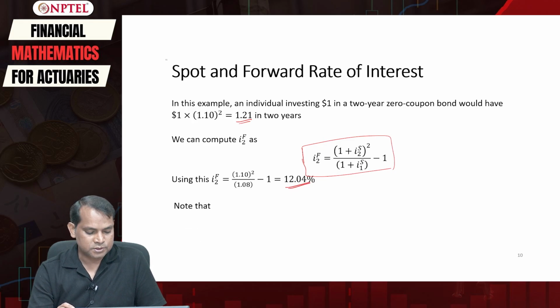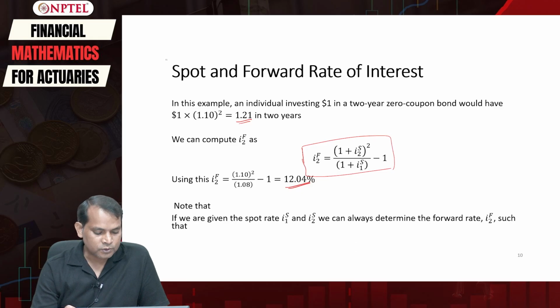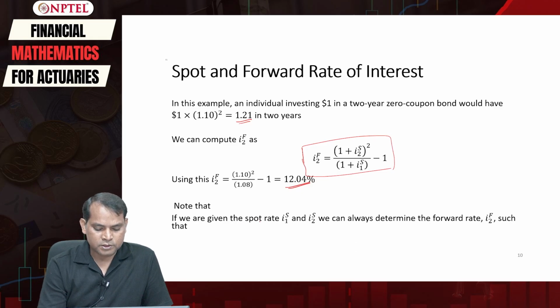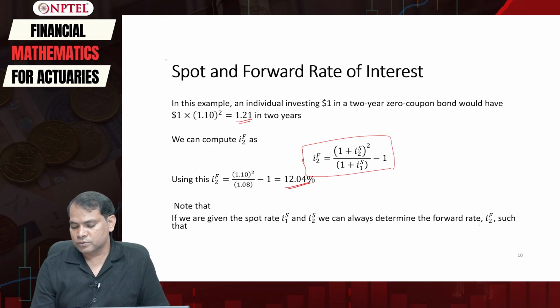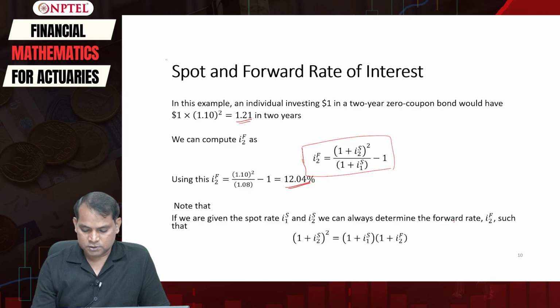What does this 12.04% mean? If we are given the spot rates, that is I1S and I2S, we can always determine the forward rate I2F such that 1 plus I2S squared is equal to 1 plus I1S multiplied by 1 plus I2F.